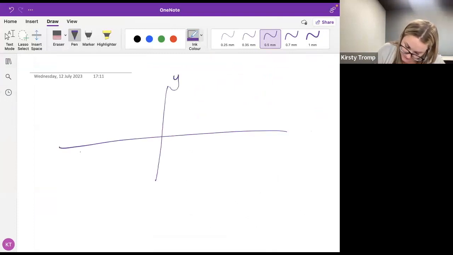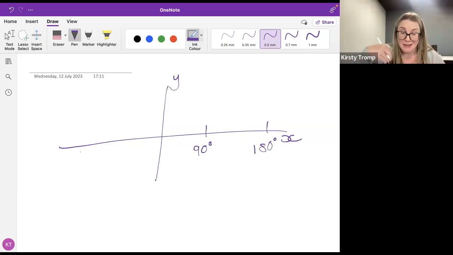So there's my y, there's my x. I've got 90 degrees, I've got 180 degrees. If I'm doing a number line, when I go into my negatives, here's my 0, I'm going to go this way. So I'll have negative 90, and I'll have negative 180.